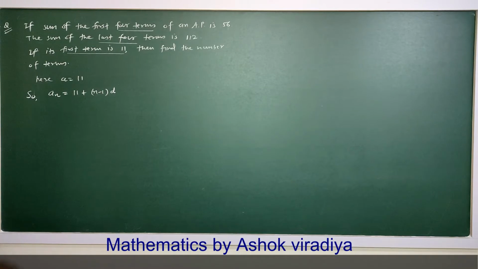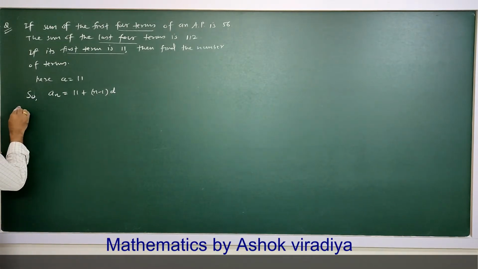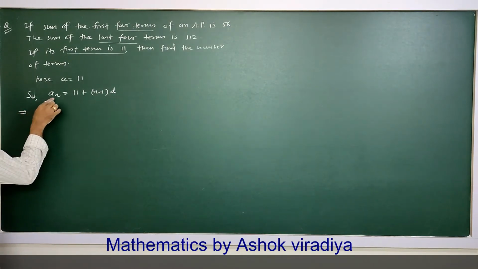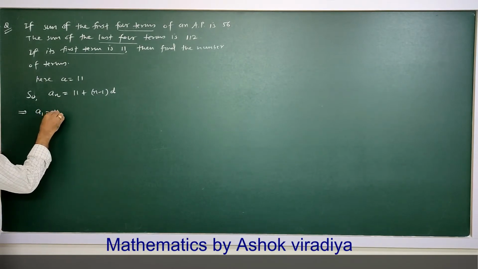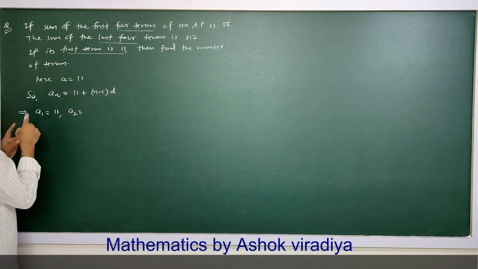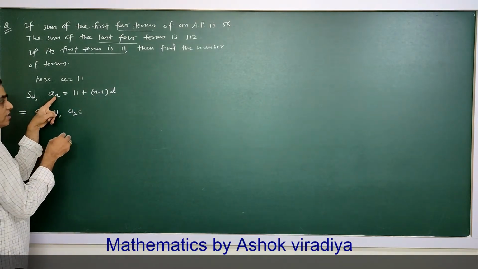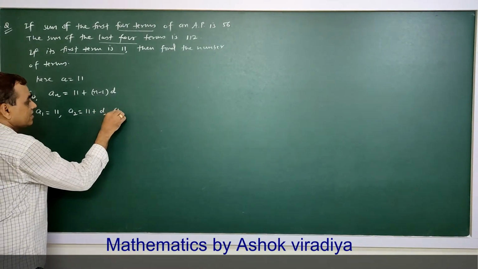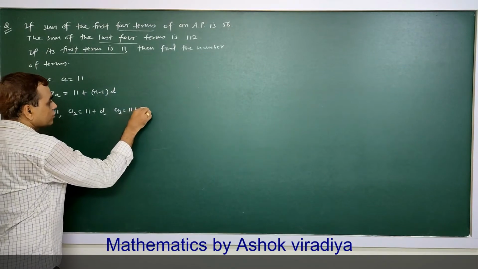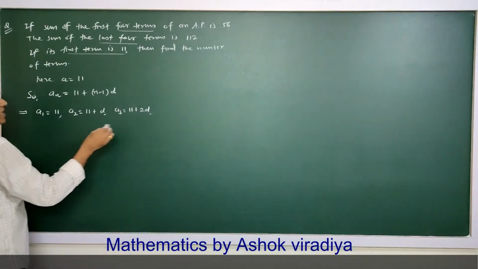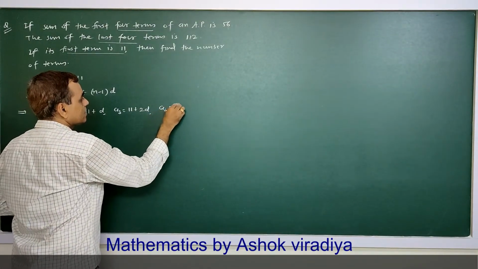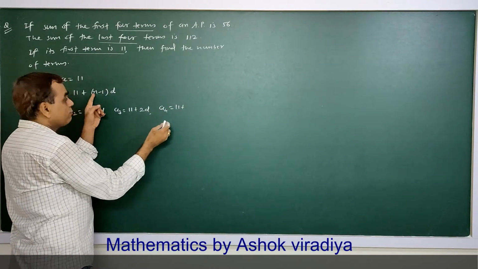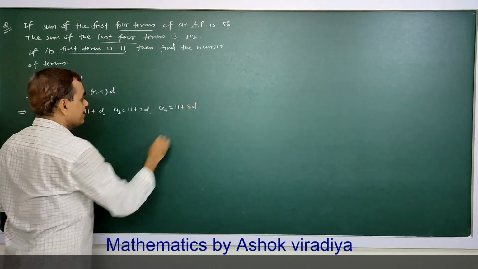Now see, from this equation, the first term a1 is 11, a2 is, put n equal to 2 here, so a2 is 11 plus d, a3 is 11 plus 2d, a4 is 11 plus, putting here 4 minus 1, 3d.